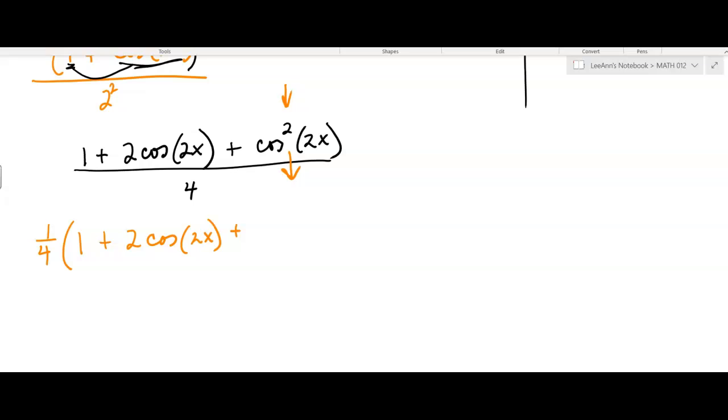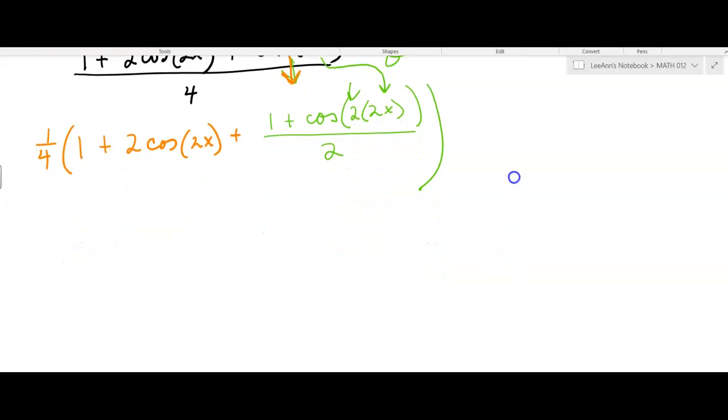So it's going to be 1 plus cosine, and I'm going to write this as 2 times 2x, because this 2 is from the formula, and this is my theta right there, all over 2. Okay. And then I need another parenthesis. It looks kind of goofy the way I have it written, but that's what it is.